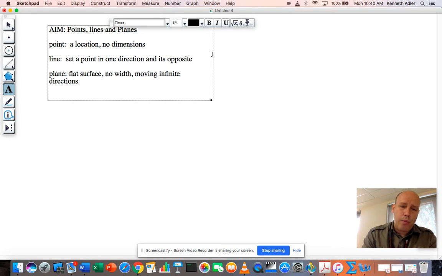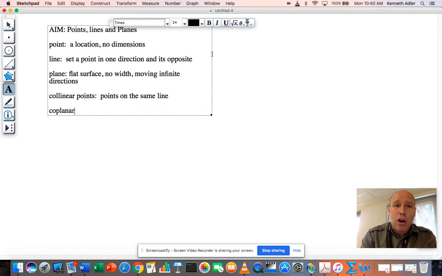Next definition. We might have mentioned something called collinear. We say that points are collinear if they are points on the same line. And we might say the definition of coplanar is points or lines on the same plane.